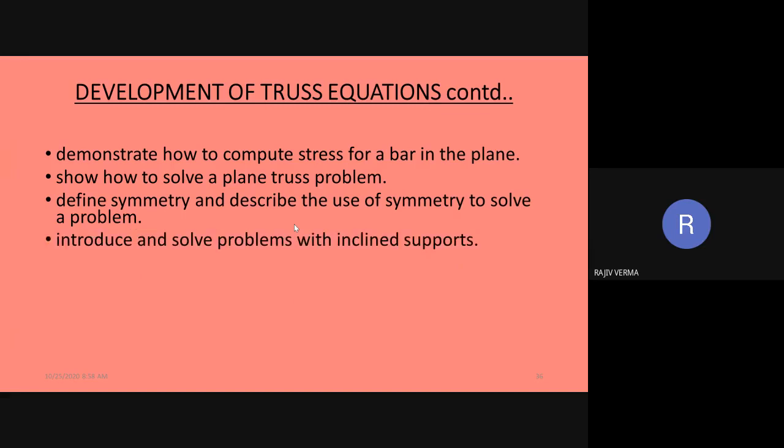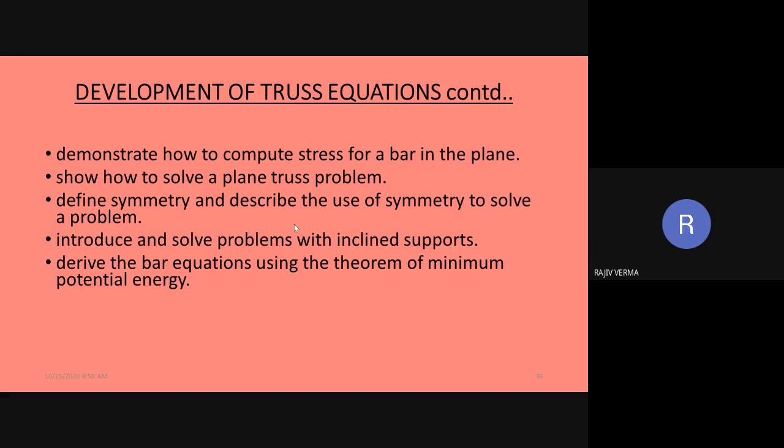As a further step, we are going to solve some problems which have inclined supports. And then we are going to solve the bar using the theorem of minimum potential energy.